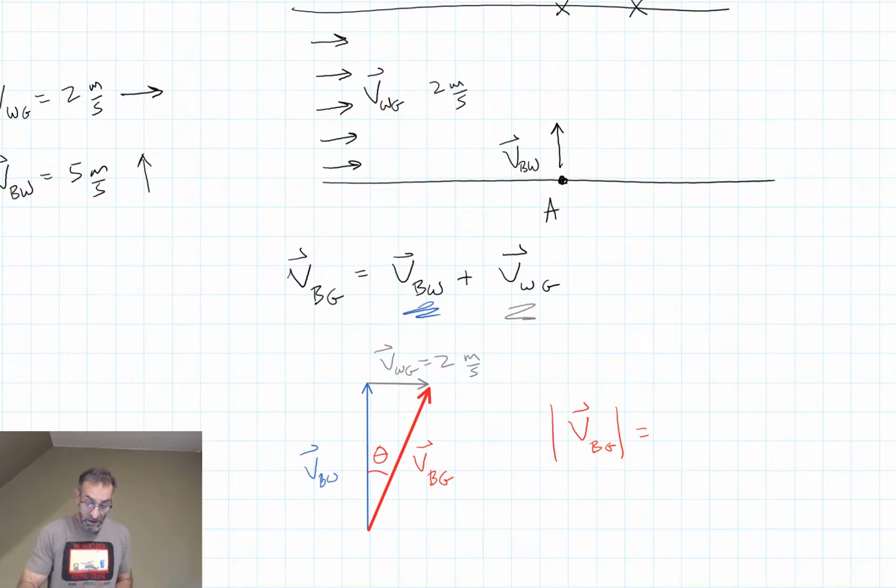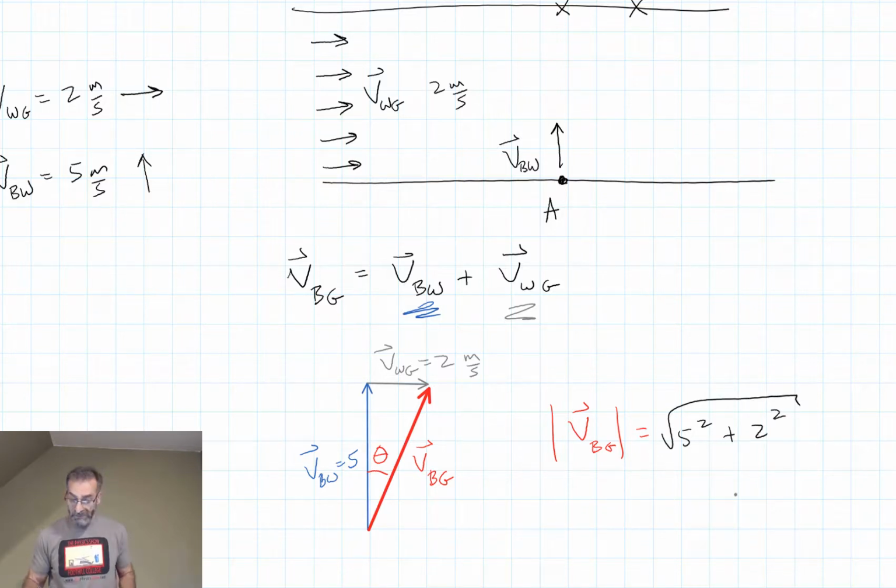This is going to be the magnitude of this vector squared, and the magnitude of this vector is 5, plus the magnitude of the other side squared, that's 2, square root. So that's going to be the magnitude of our velocity of the boat with respect to the ground, and of course the units are going to be meters per second. And theta is going to be the inverse tangent of 2 over 5.